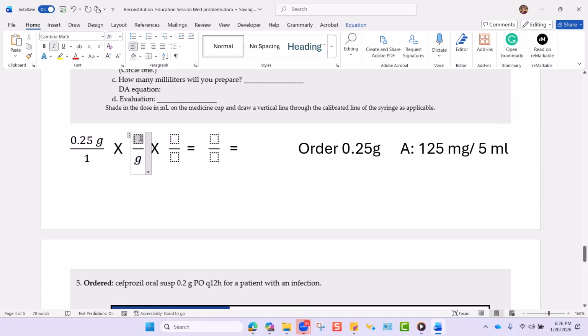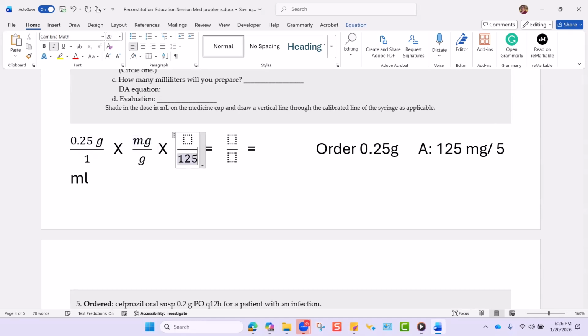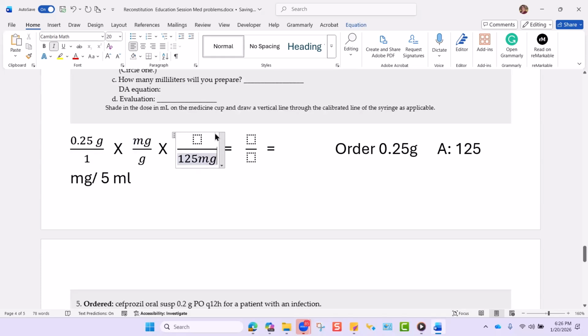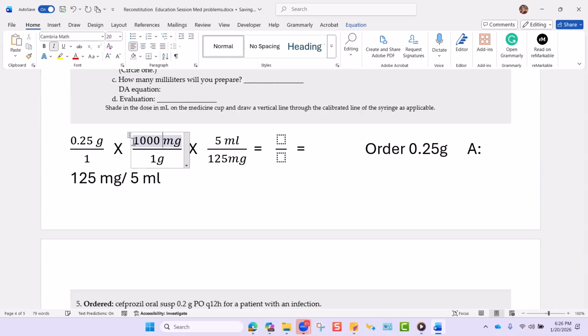And it's going to need milligrams on top, which means milligrams is going to have to go on the bottom of here, which is 125. And it was 5 mLs on top. So now let's go back to that conversion factor. How am I going to get there? 1 gram equals 1,000 milligrams.